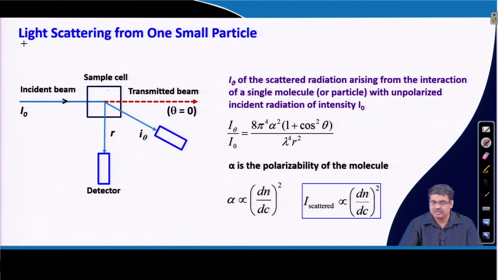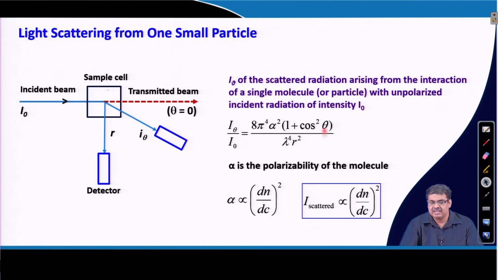First, we will consider light scattering from one single small particle. In that case, the expression is for I theta by I 0, where I 0 is the intensity of the incident beam, and I theta is the intensity of the scattered light at a particular angle from a single particle.